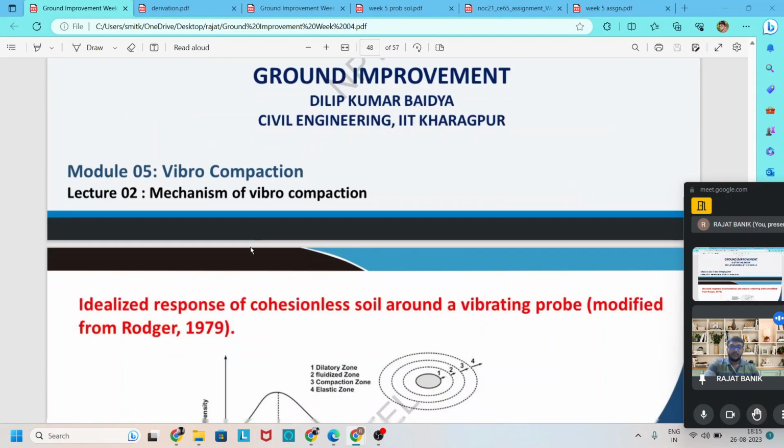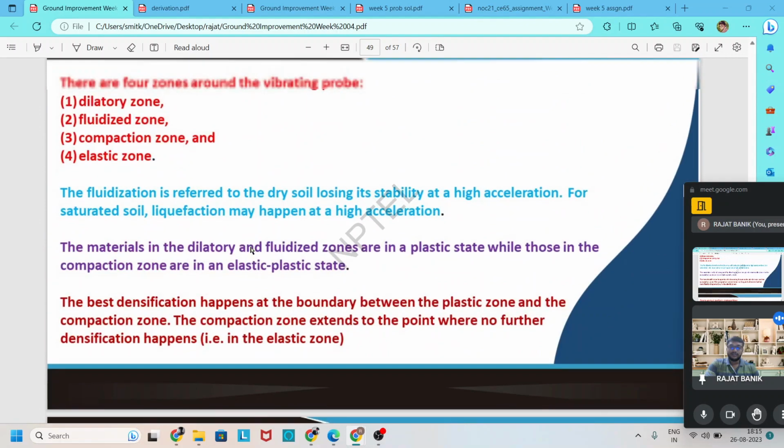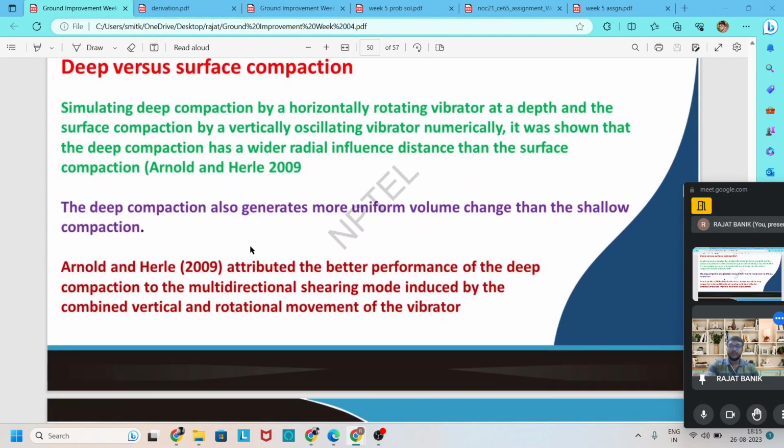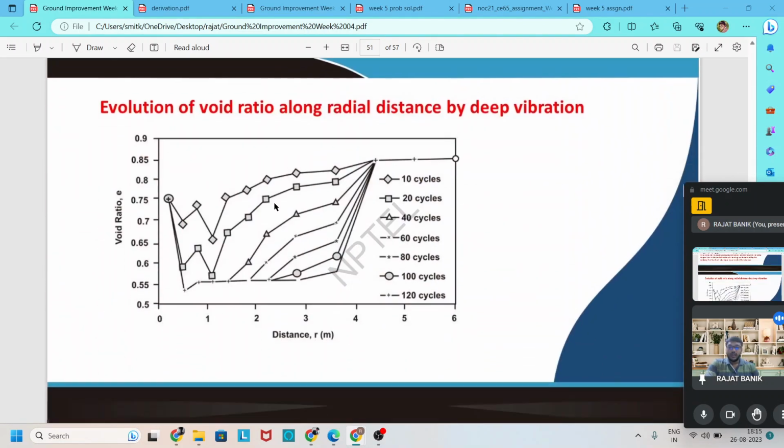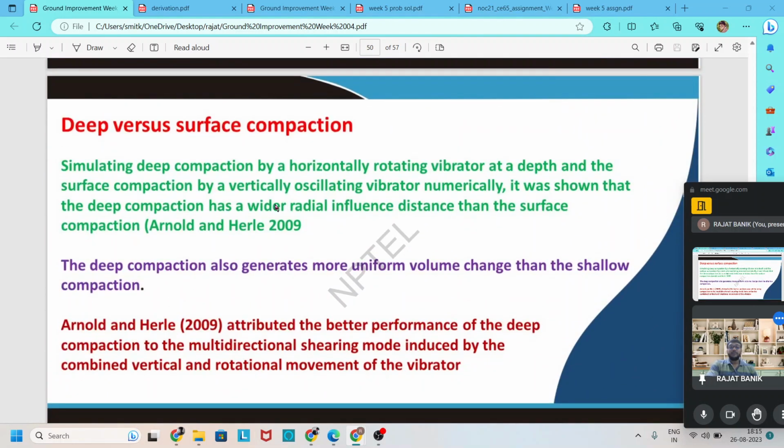So in the last class we described these zones one by one, and also saw deep versus surface compaction. We saw that deep compaction, or vibro compaction, is more suitable and more efficient than surface compaction.